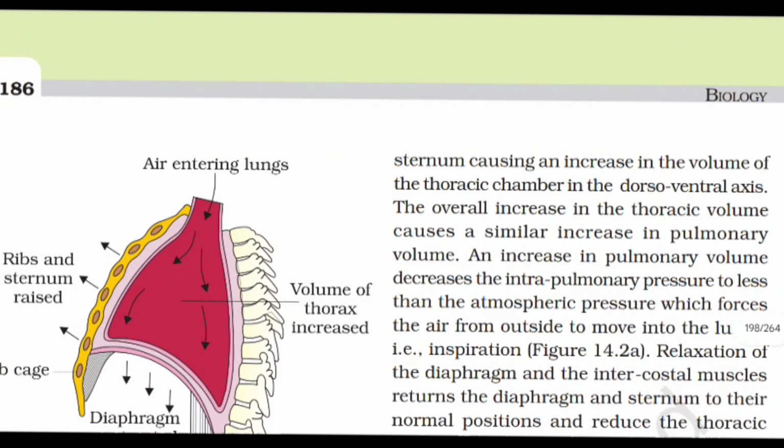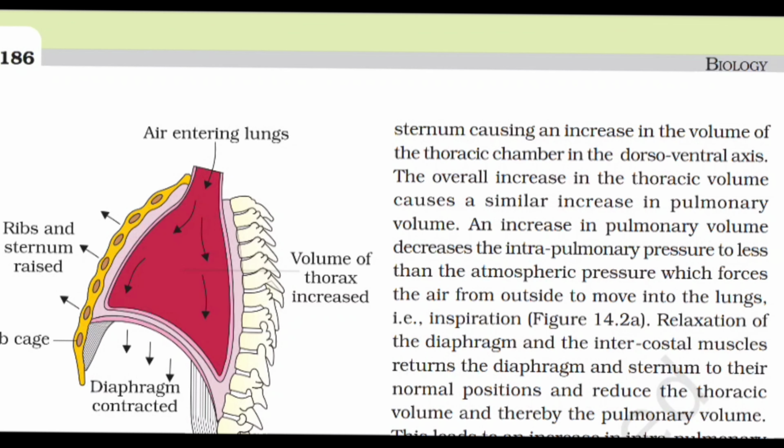The overall increase in the thoracic volume causes a similar increase in the pulmonary volume. An increase in pulmonary volume decreases the intrapulmonary pressure to less than the atmospheric pressure, which forces the air from outside to move into the lungs.